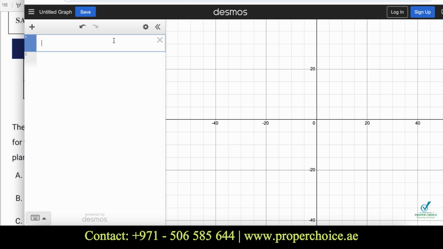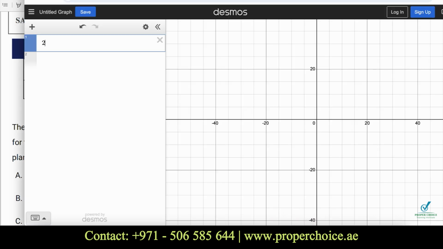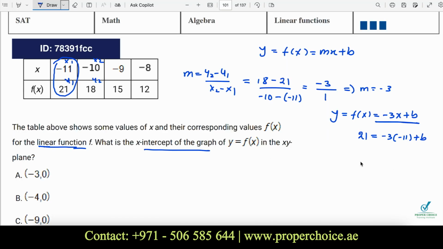I'm finding the unknown b, so I have to type it as x, which is gonna be negative 12. After rearranging, I'll be getting the value of b as negative 12. So finally your equation becomes f(x) equals minus 3x minus 12.